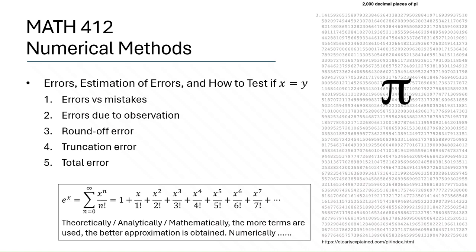You see the exponential function e to the x, its Taylor series expansion at 0 is this. It involves infinitely many terms, and theoretically, if you have infinitely many terms, the two sides are equal to each other. They are exact values.